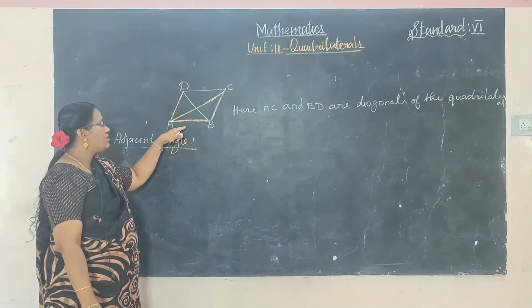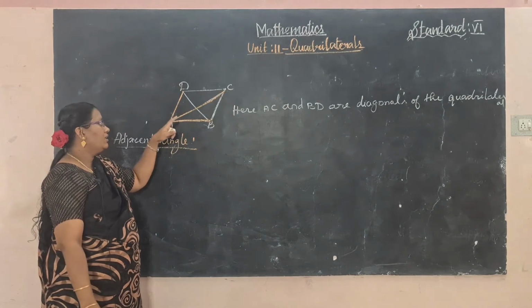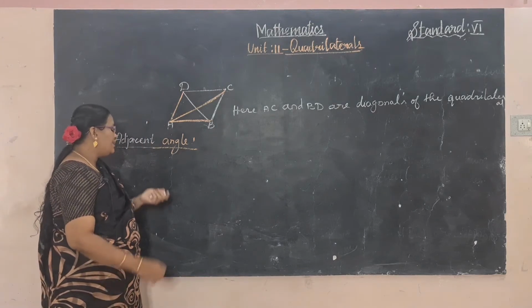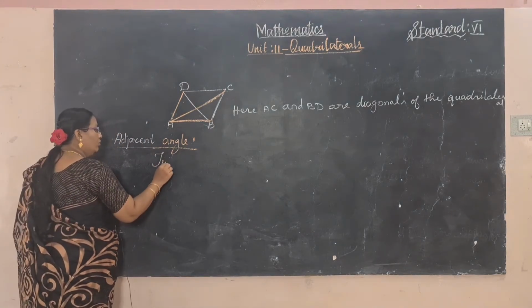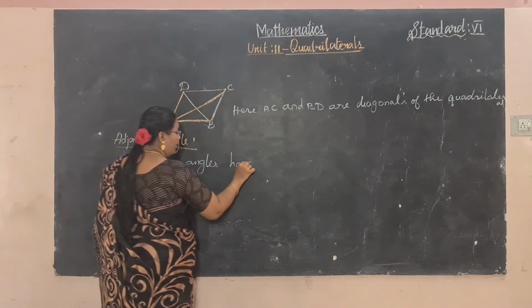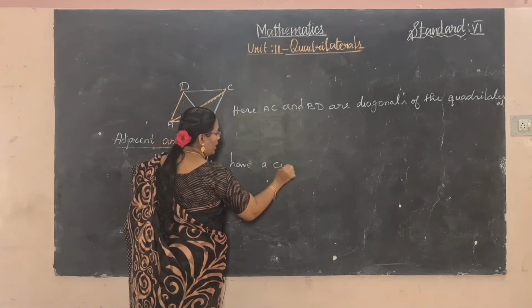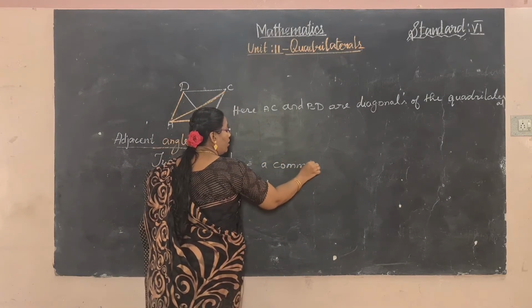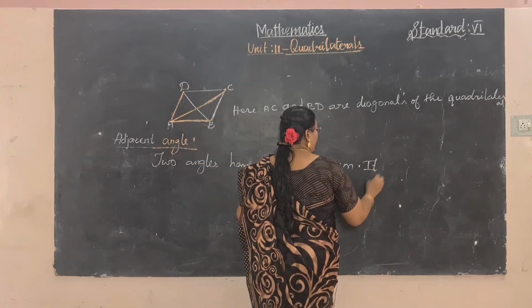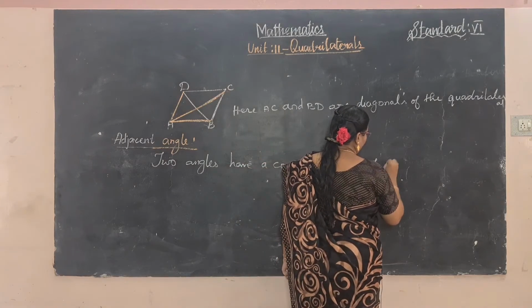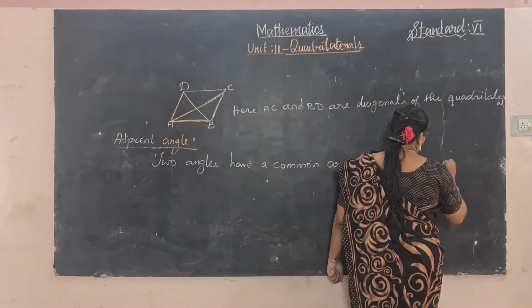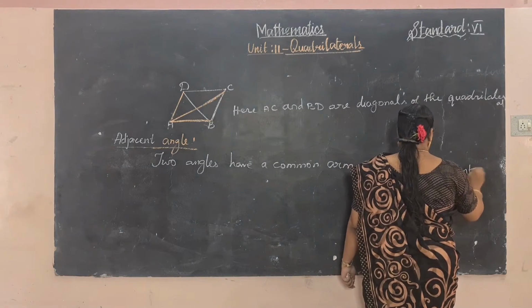Two angles having a common arm are called the adjacent angles.